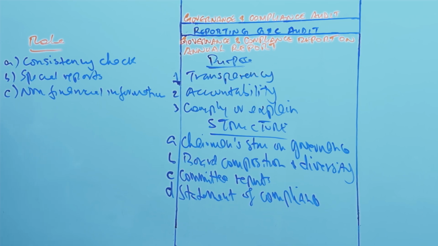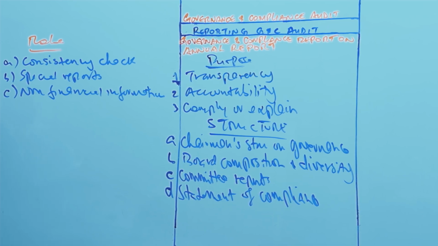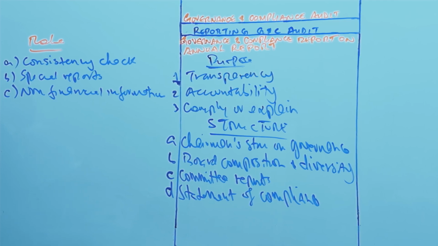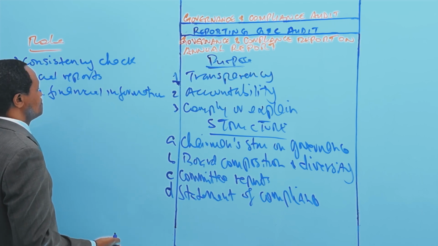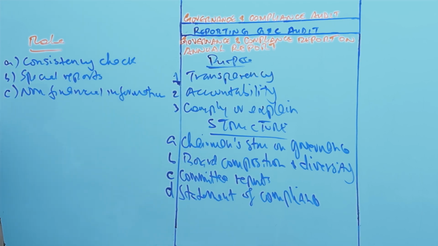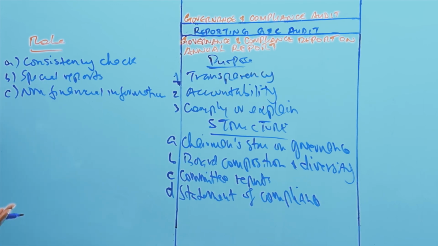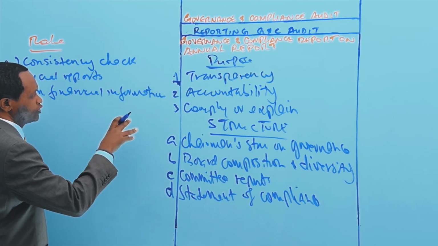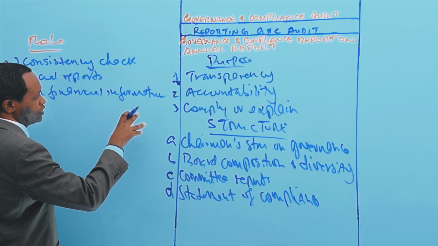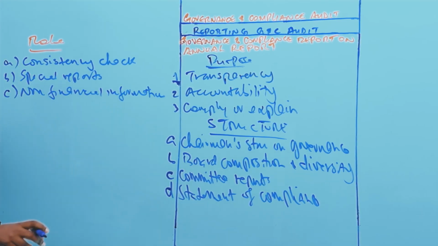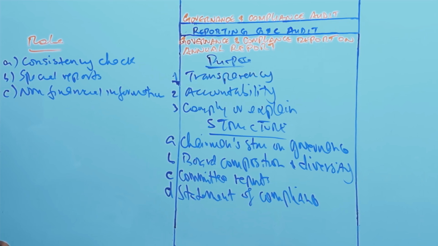Auditors ensure that non-financial information like environmental, social, and governance data mentioned within this report is backed by evidence. So the auditor has to ensure that the non-financial information that is provided is backed by evidence.